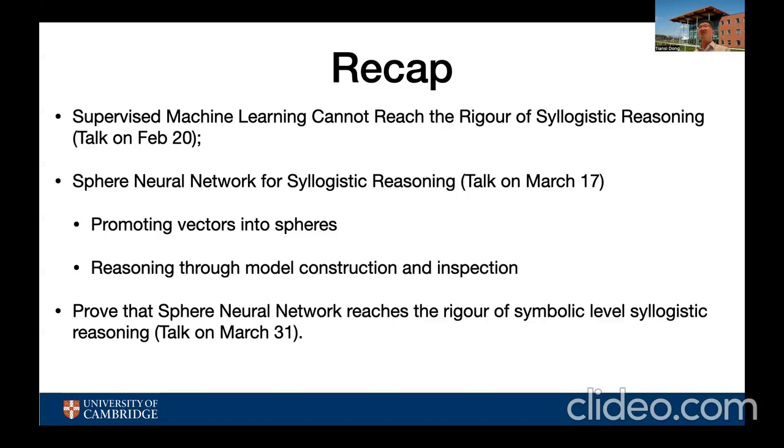As long as there is a model, the sphere neural network can construct this model in one epoch. So after the first epoch, if the neural network fails to construct a model, with this proof, the network will stop iteration and say no model. The conclusion is unsatisfiable, so the negation of the conclusion is valid.